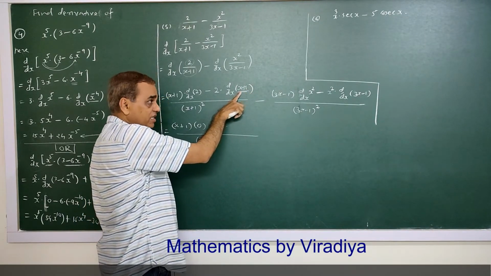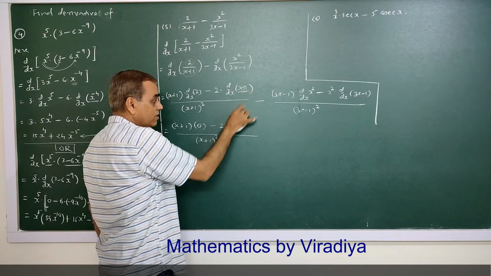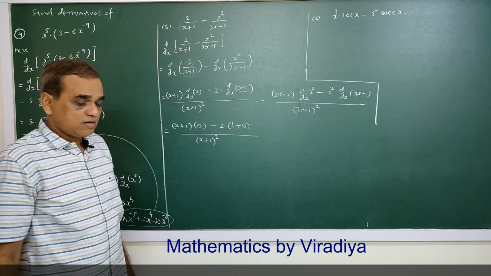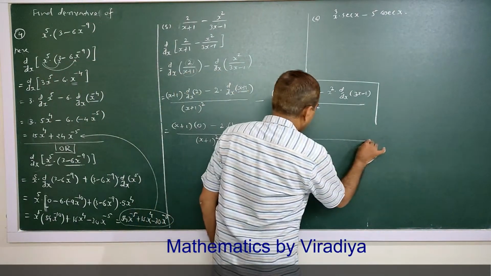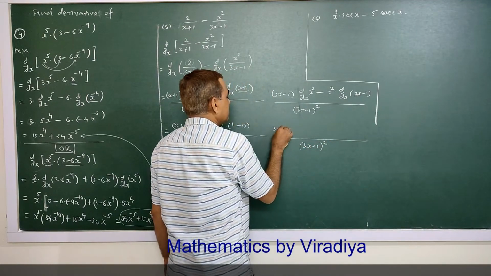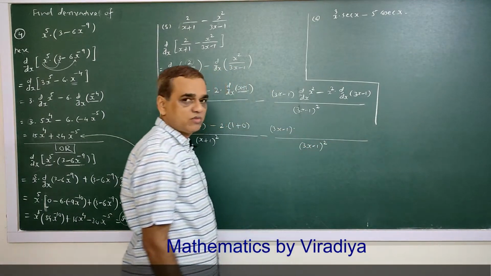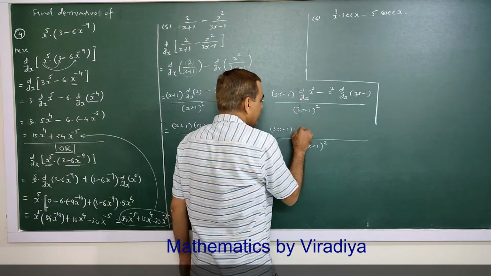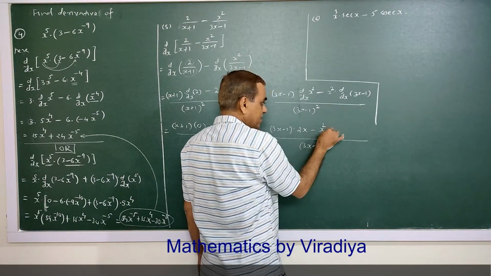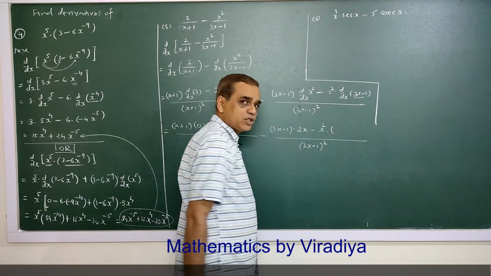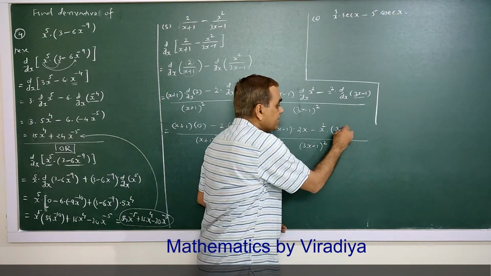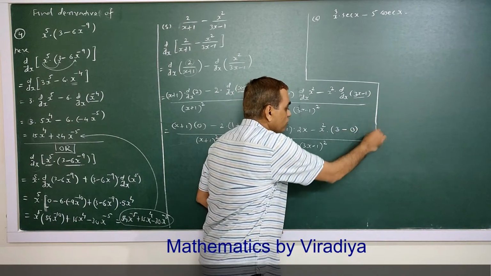The derivative of x is 1 and the derivative of 1 is 0, so the derivative of x plus 1 is 1. Minus, over 3x minus 1 whole square, 3x minus 1 into the derivative of x square, which is 2x, minus x square as it is, times the derivative of 3x minus 1. So the derivative of 3x is 3 minus the derivative of 1, which is 0.